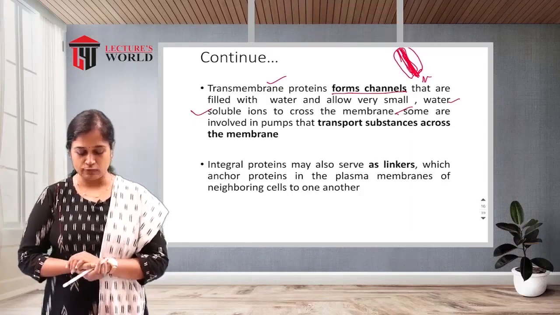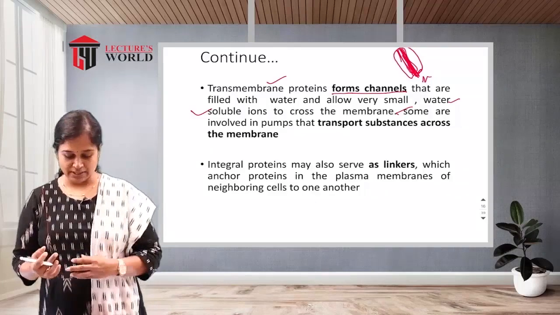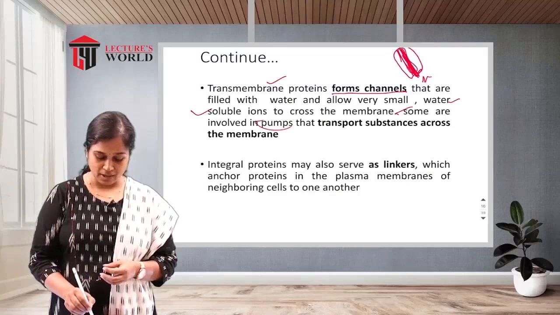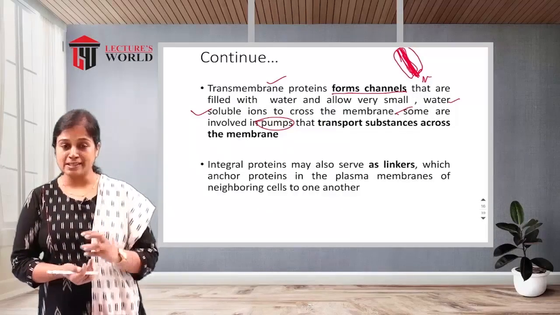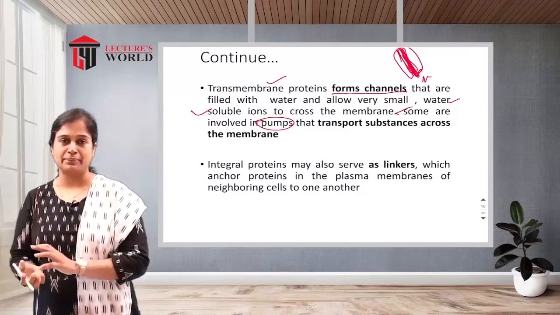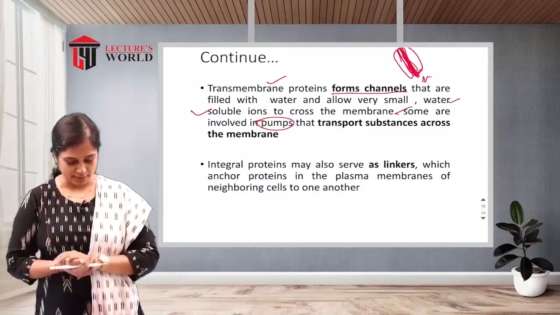And some are involved in pumps that transport substances across the membrane. So some proteins work as a pump, and these pumps transport substances across the membrane from intracellular to extracellular, and from extracellular to intracellular.